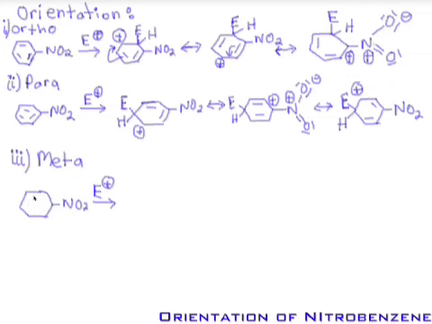Let's put the pi bonds the same way. If E attacks meta, we'll get this benzenonium ion or substituted benzenonium ion.